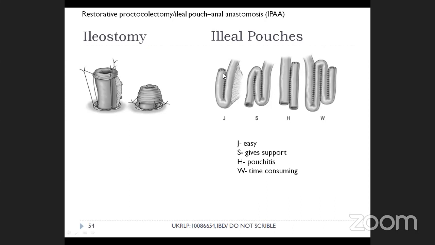All these names are given depending on the shape of the pouches.